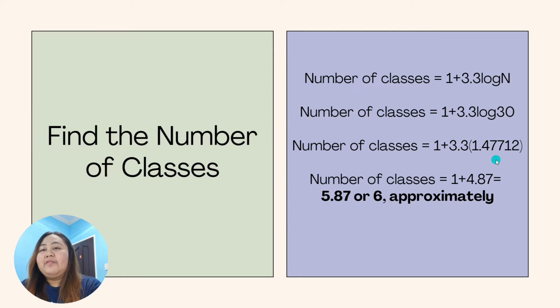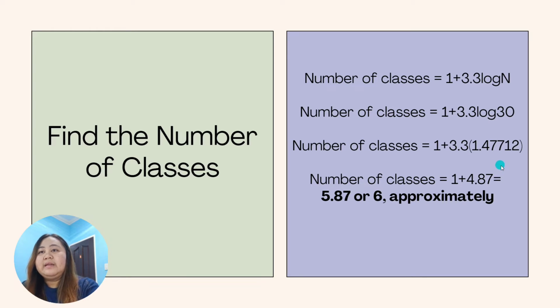Then, first on your calculator, put log and then 30. And the number shows up. So, the answer of log 30 is 1.47712. After you find out the log, you have to multiply 3.3 and 1.47712.